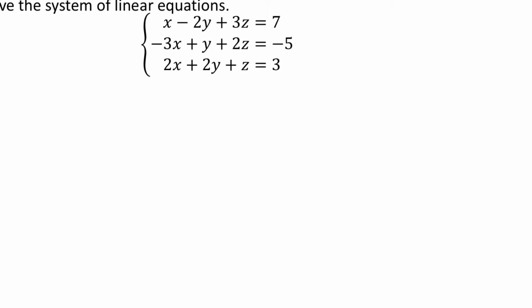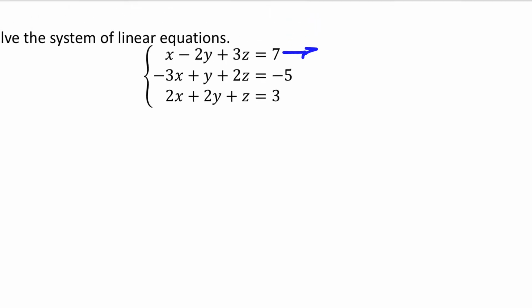I'm going to do that so that when I add it to this equation, I'll have a 3x here and a negative 3x here, and the x terms will drop out. So I'm going to multiply equation 1 by 3, and I'm going to rewrite it: 3x minus 6y plus 9z is equal to 21.